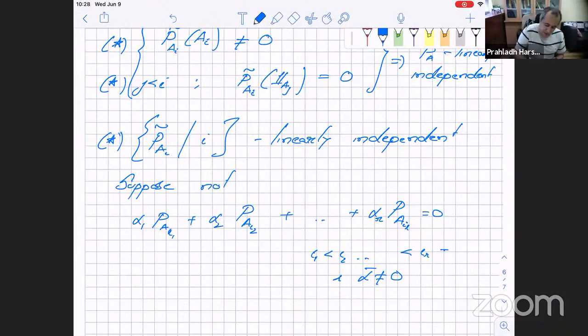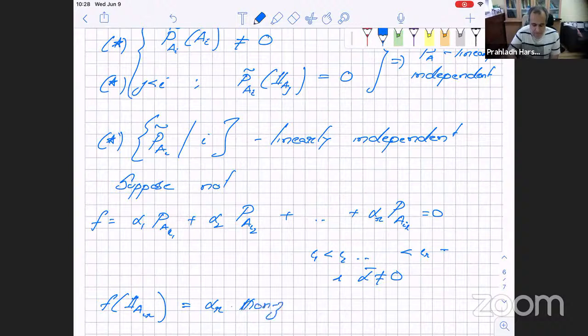But then let's call this function f. Let's just look at f of the indicator function of A_ir. This is certainly alpha r times something non-zero.